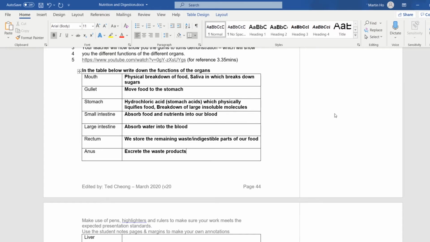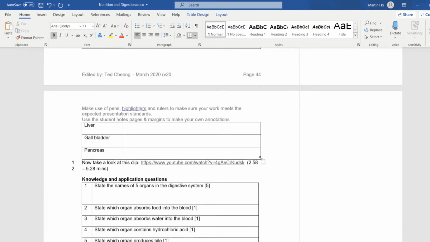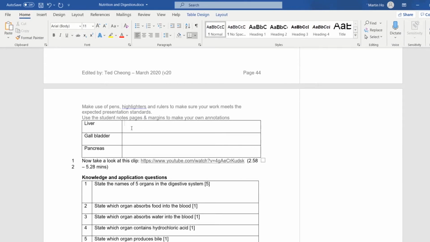After following the physical breakdown of our food from where it starts to where it ends, we're going to look at the chemical breakdown as well. We have the liver. The liver is a very important organ that everybody needs to have in good health. The liver helps filter toxins as well as breaks down large insoluble fats.